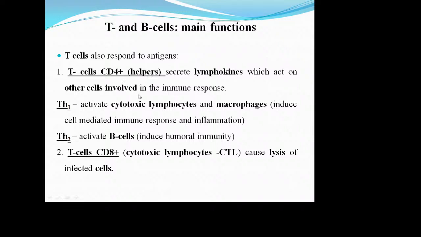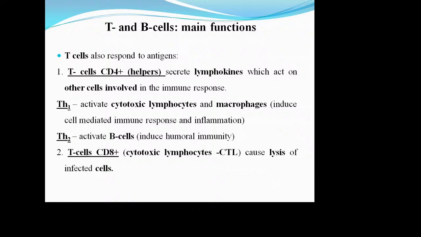So CD4 cells that are T helpers secrete lymphokines which act on other cells involved in the immune response. So they activate other cells. Which cells are activated? There are two groups of T helper cells, Th1 and Th2.